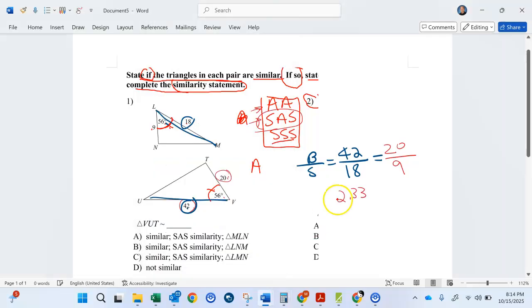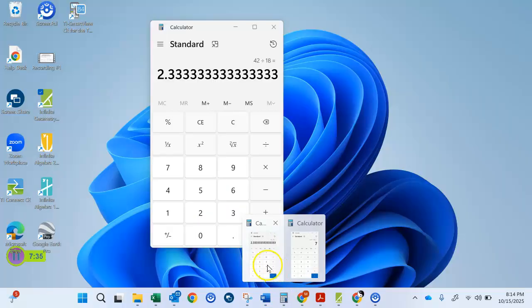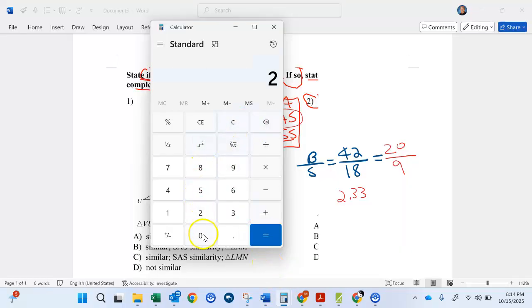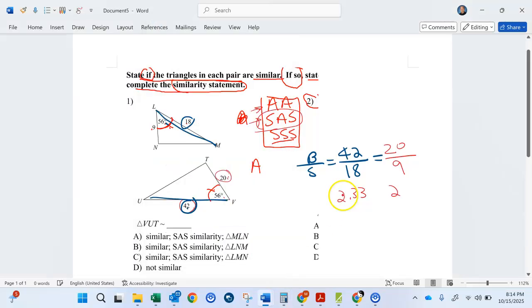So we go 42 divided by 18 equals 2.33. Okay, so this has to be the same for these to be similar. So let's take 20 and divide it by 9. 20 divided by 9 equals 2.22. Is that equal? It's close, but it's got to be exactly equal. So it's not equal.